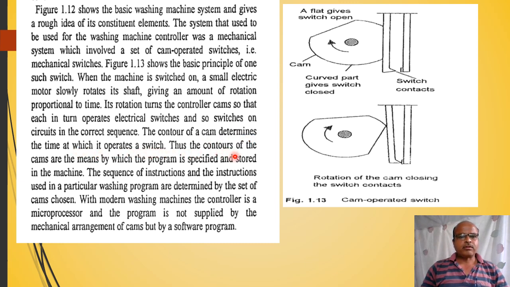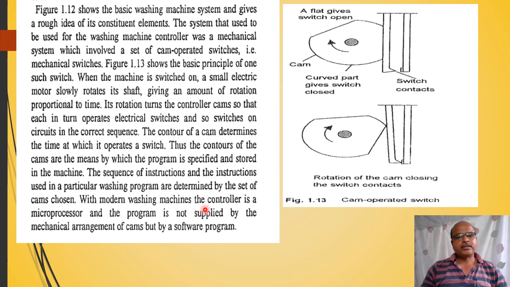Thus, contours of the cams are the means by which the program is specified and stored in the machine. The sequence of instructions used in a particular washing program are determined by the set of cams chosen.